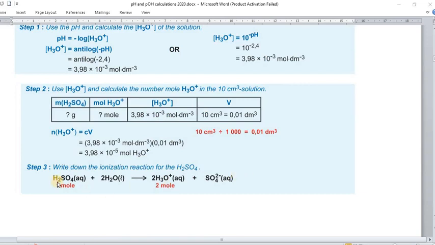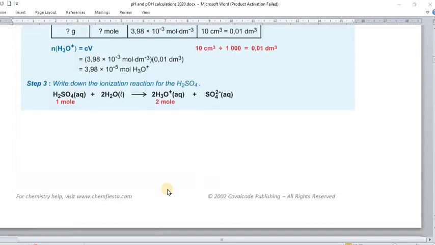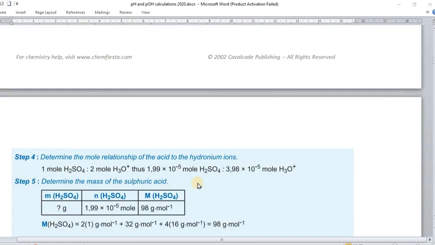And then from there, he used the ratio to find the moles, even though you could have still worked it out in terms of the concentration.